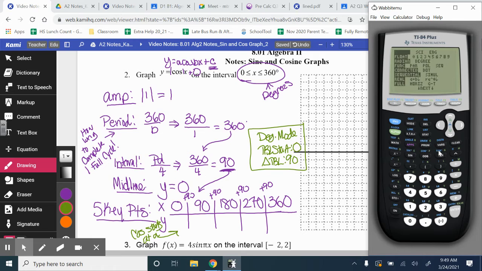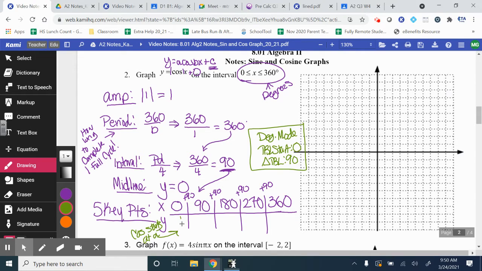Okay, so again, go to degree mode, then type in your cosine of x, and start your table at 0. This time we're going to increase it by 90 and go to our table. So here we can just fill those values in. So I've got 1, 0, -1, 0, 1.